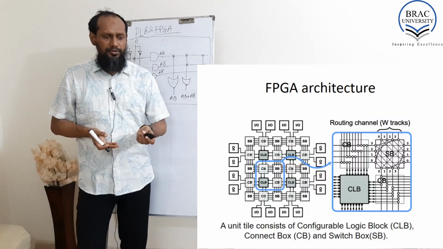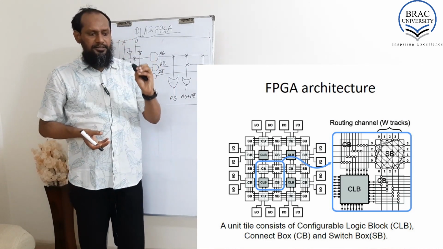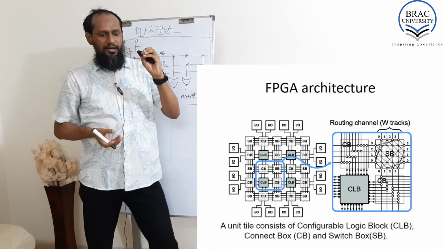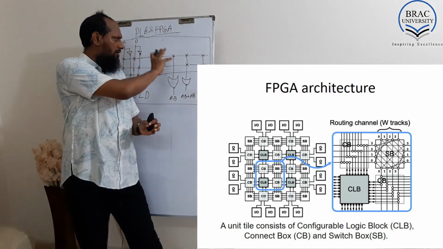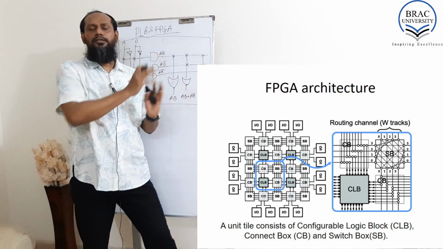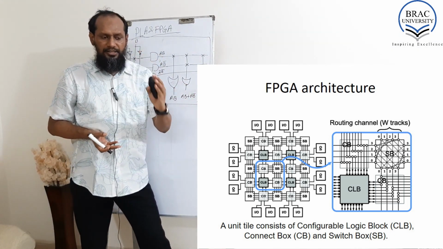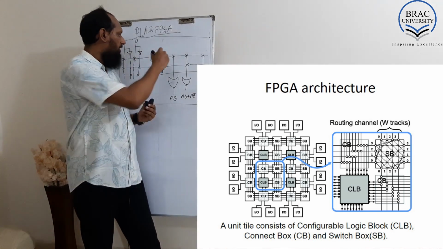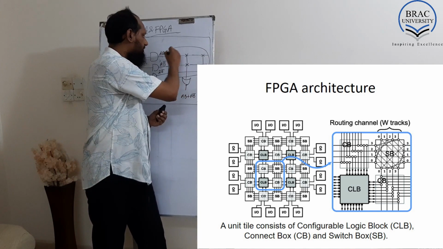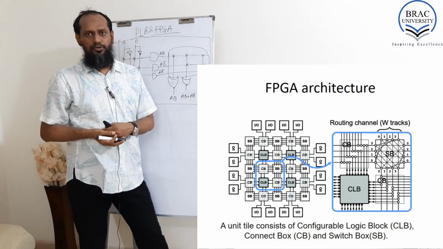Just take a look at this figure. Here there are some configurable logic blocks, not this but kind of this logic block, having some connection box, like this kind of connection box, and switch box.